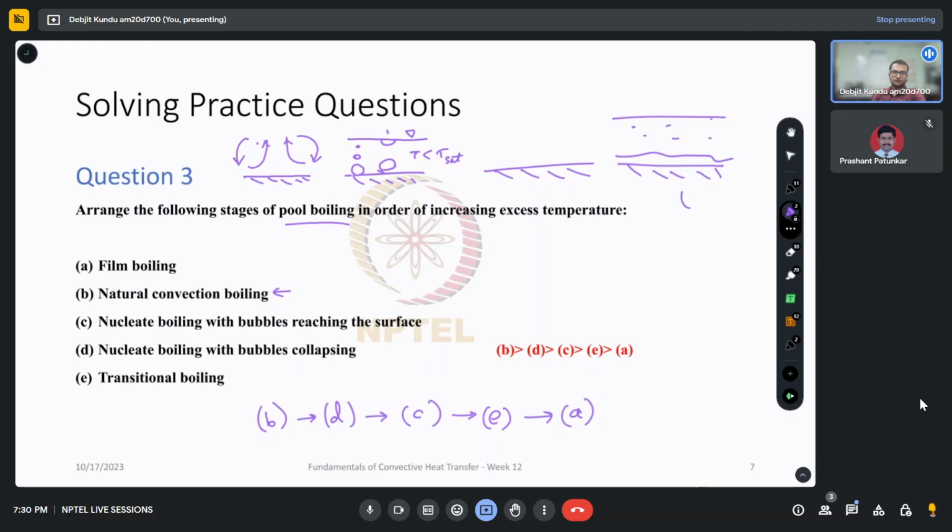So this is option A, that is film boiling. And in between, there is a transitional case where films are formed, nucleate boiling also goes on, and these films are not continuous. There are gaps between the films. This situation is known as transitional boiling, that is option E. So the correct order would be B, D, C, E, A.